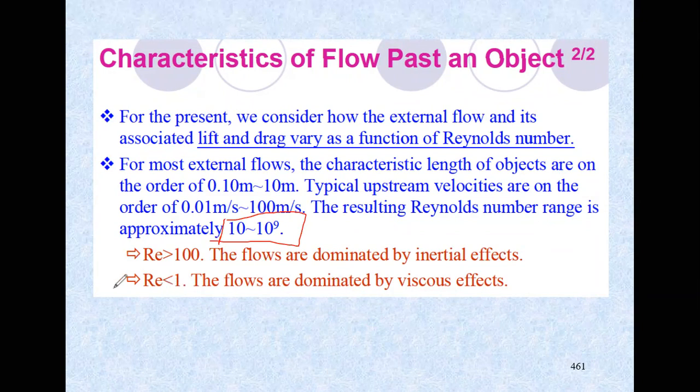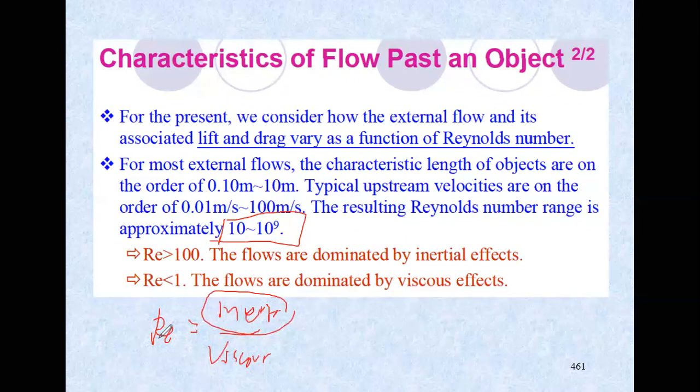For Reynolds number less than 1, the flows are dominated by the viscous effect. Remember, Reynolds number is the inertia divided by viscous. So the greater the Reynolds number, the greater the inertia. The smaller the Reynolds number, the bigger the viscous effect. Okay.